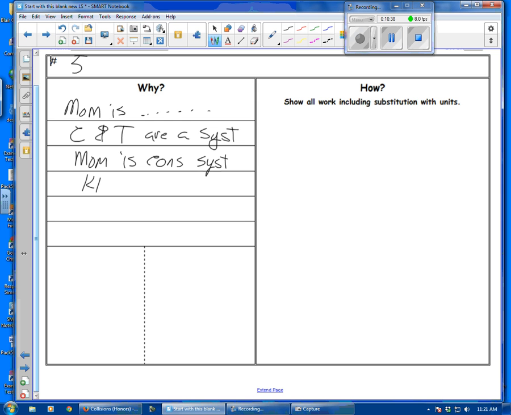Kinetic energy is conserved in systems because it's elastic. And it would probably be good to show that you know the kinetic energy is energy of motion. A lot of shorthand there, but you get the idea. It's conserved in the system, because it's elastic.